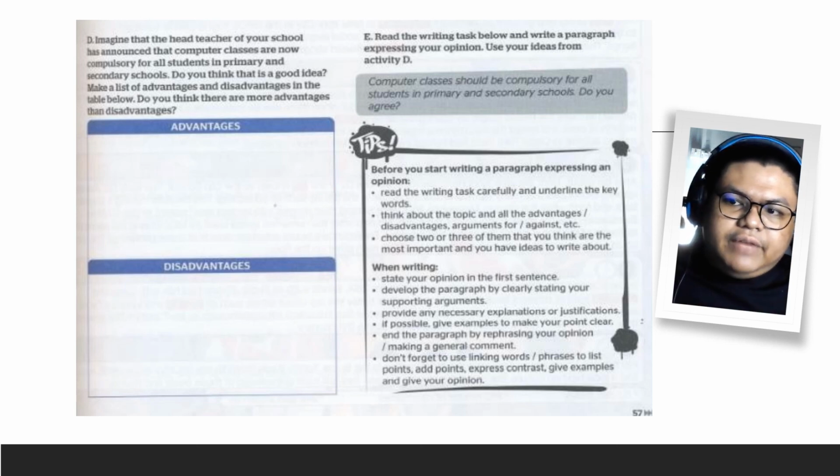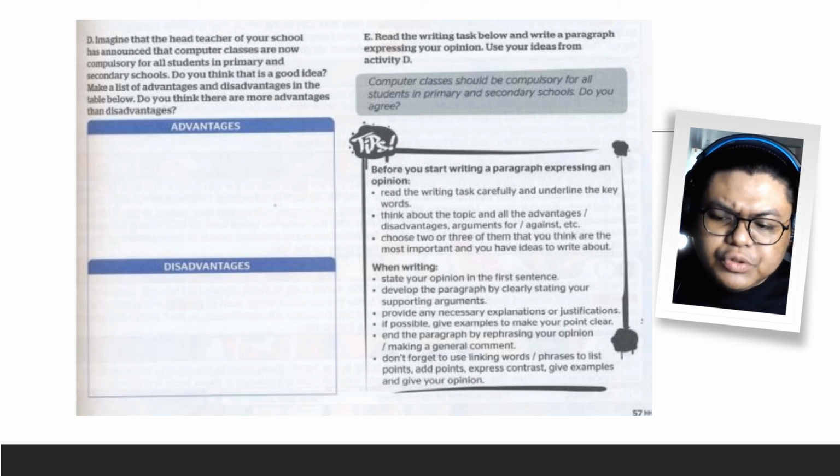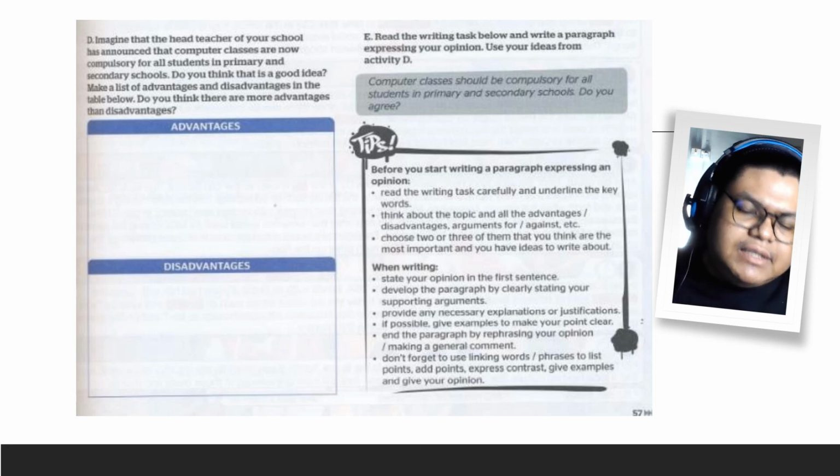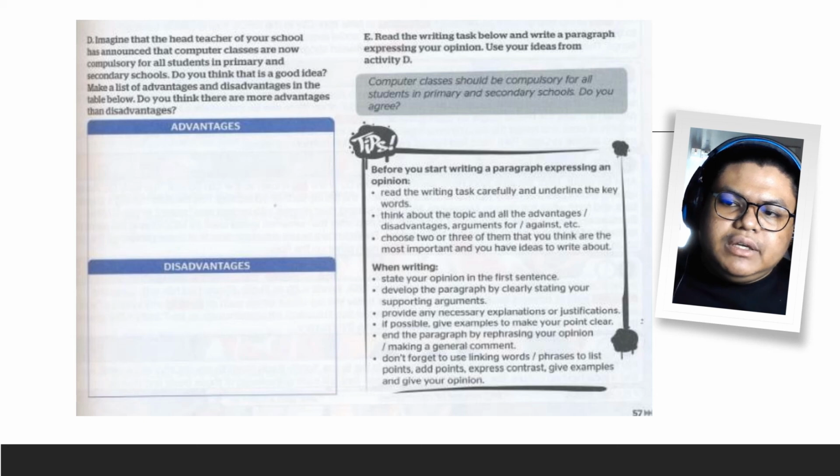Okay, so tadi advantages dengan disadvantages tu most likely ada lebih daripada 3. Okay, so if you choose to support the idea, okay, you choose to agree with the idea, then you have to take some of the advantages that you feel you can explain better.